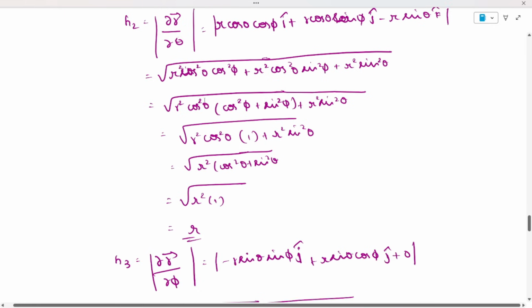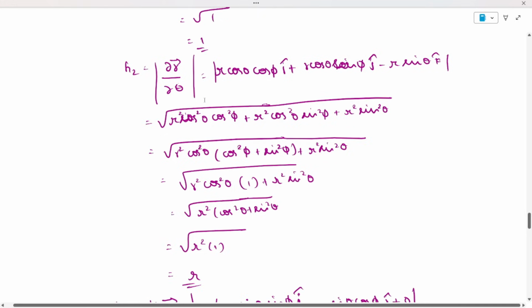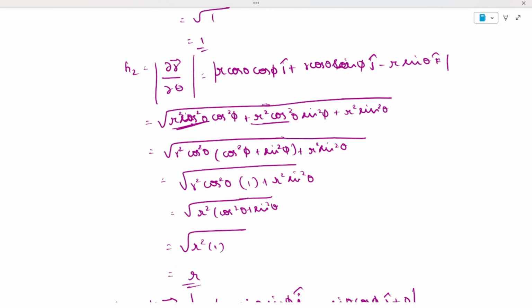I hope this is a bit complicated. See here, if you take the squares, that is r² cos²θ cos²φ, r² cos²θ sin²φ plus r² sin²θ. Here you can take out r² cos²θ, and sin²φ plus cos²φ will remain, and you will get 1.